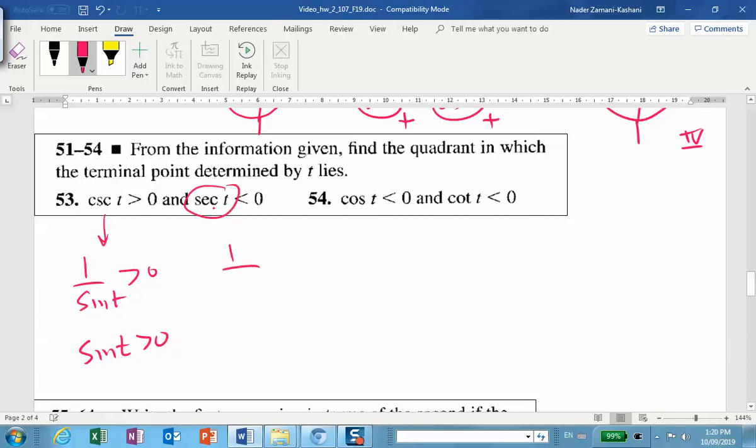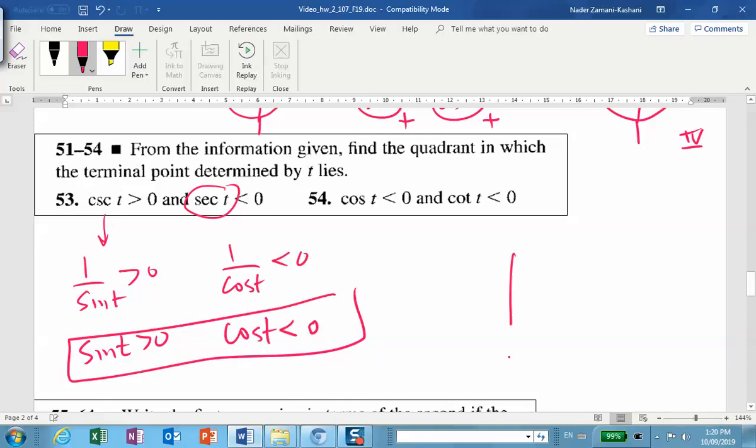And if this is negative, it means cosine of t is negative. So look at where sine is positive and cosine is negative. That means we are right here. Sine is positive, cosine is negative. So you're in quadrant 3.